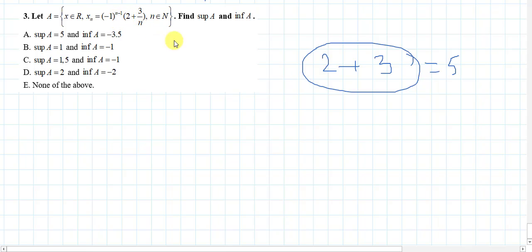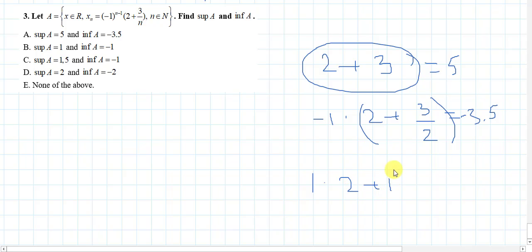So this is 5. If you put 2, for example, it will be minus 1 times 2 plus 3 over 2, so it is minus 3.5. And if you put 3, for example, it will be 1 times 2 plus 1, so it is just 3.